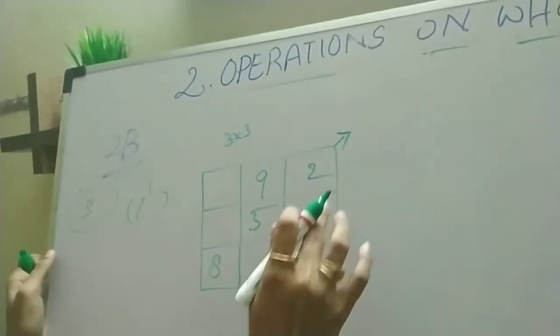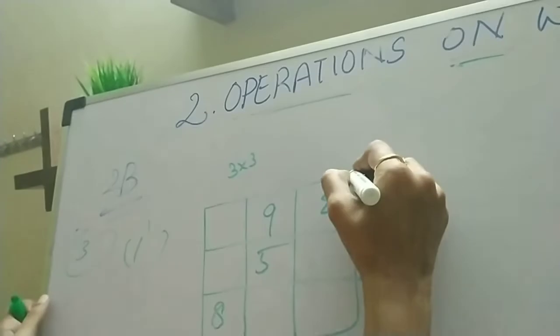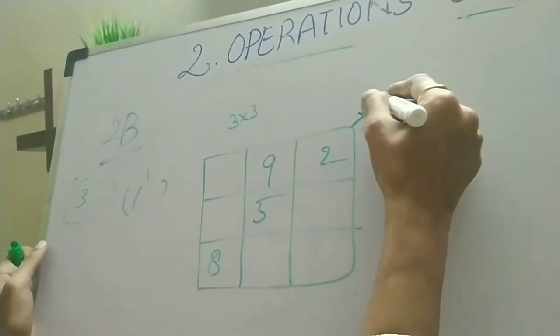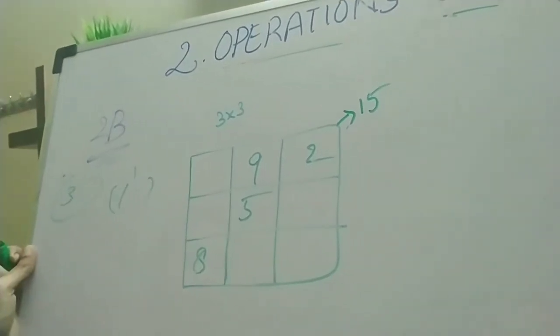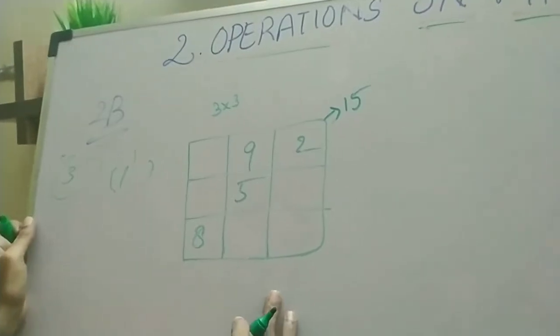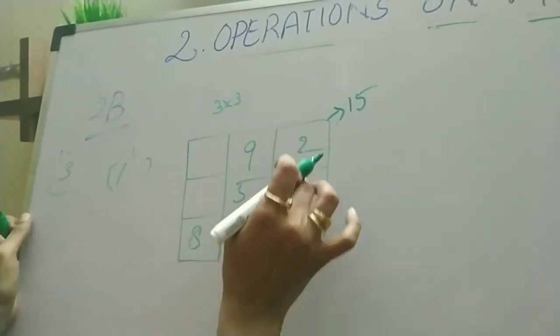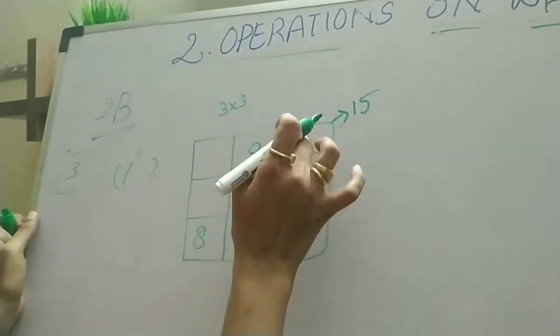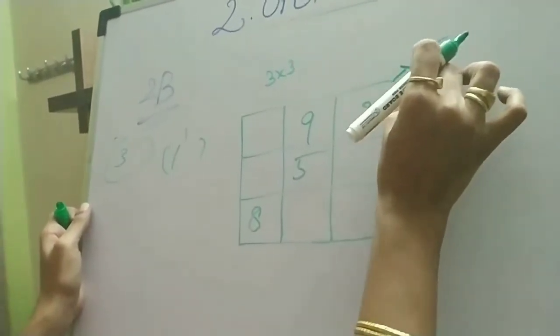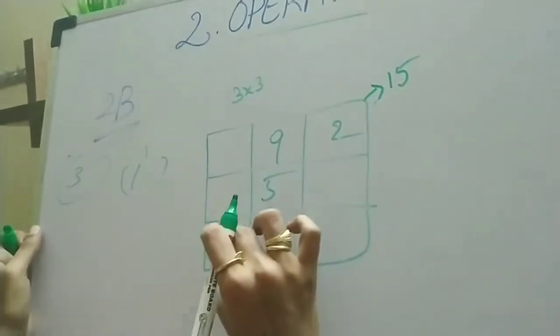So add these numbers: 8 plus 2, 10, 10 plus 5, 15. So 15 is our result. That means in any row, horizontally, diagonally or vertically, if you add the numbers, you will get 15 only.